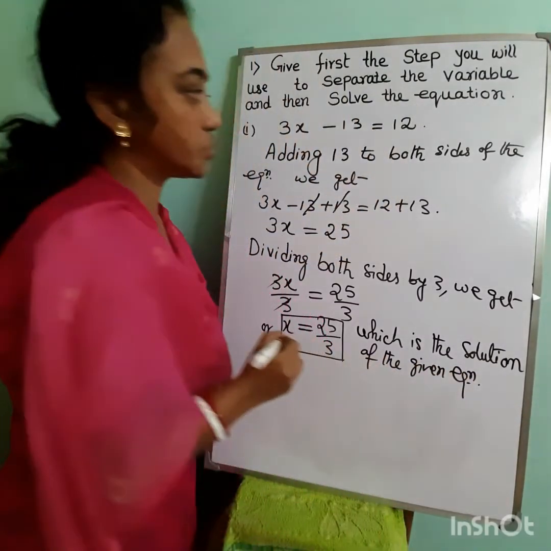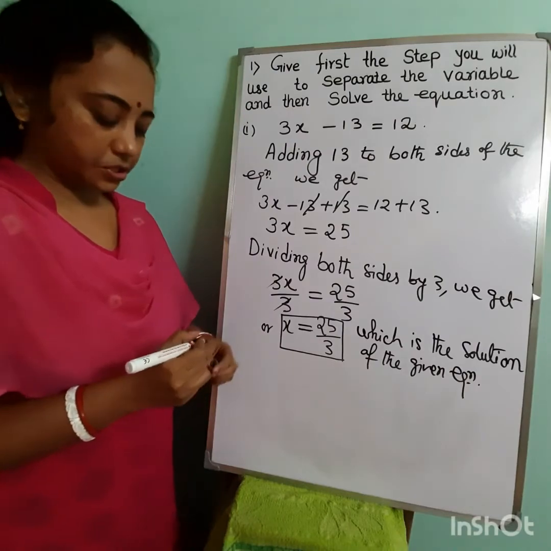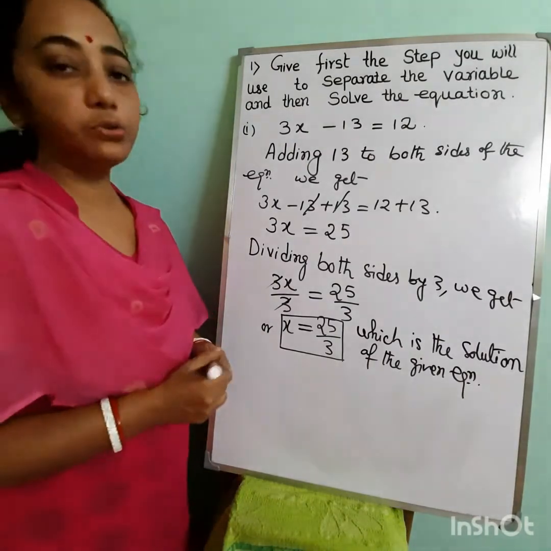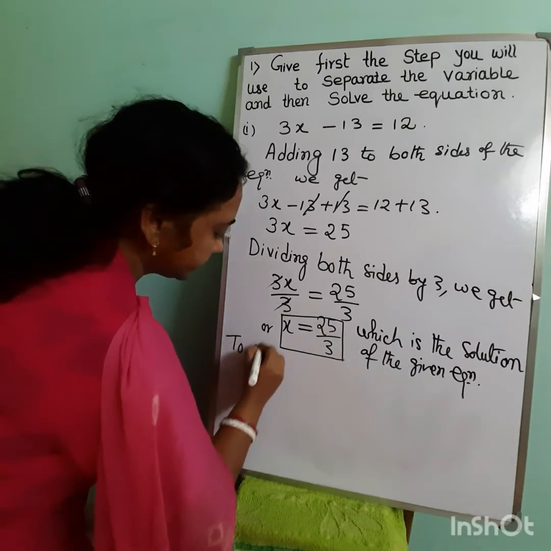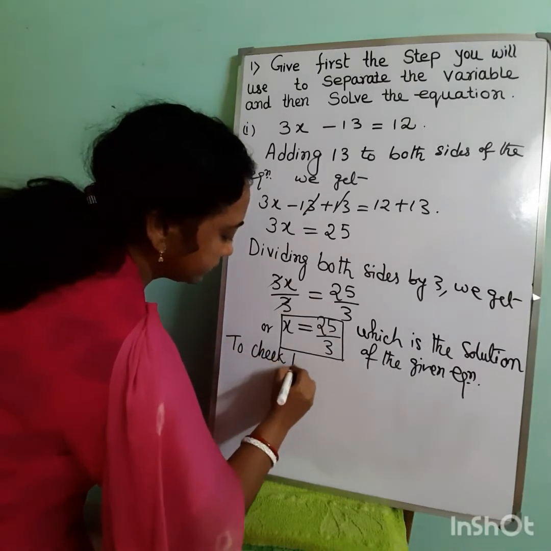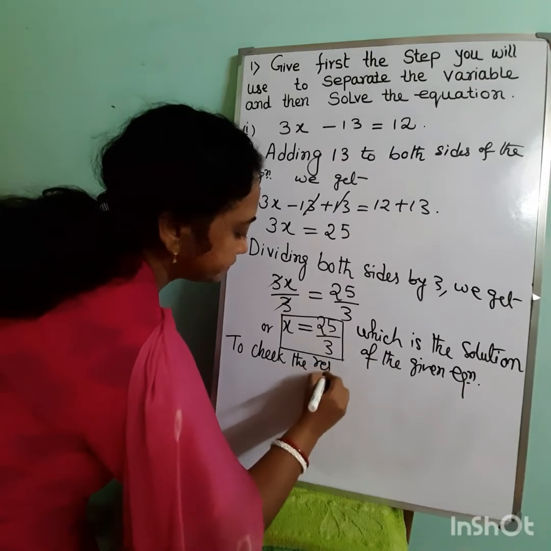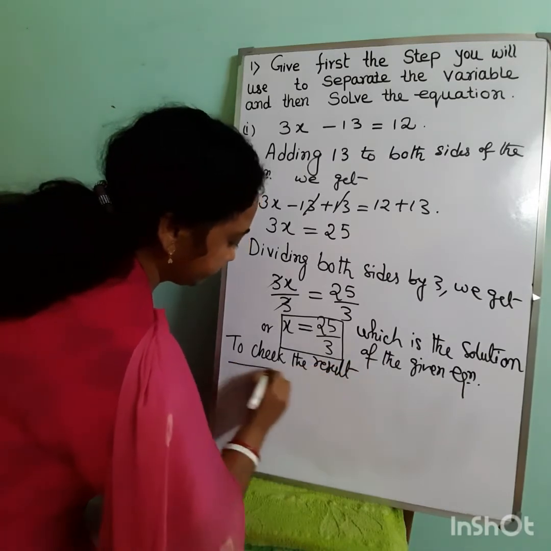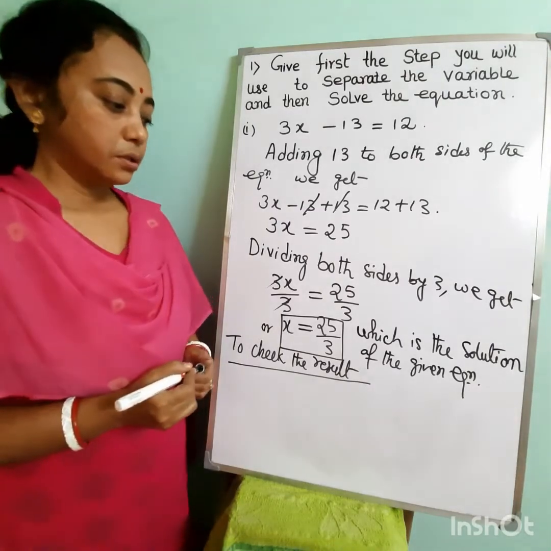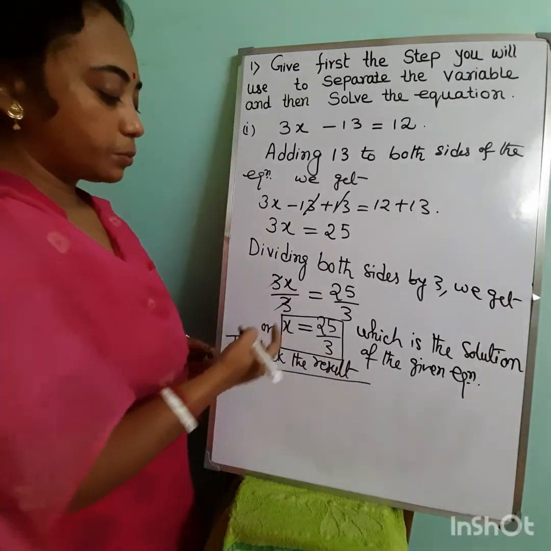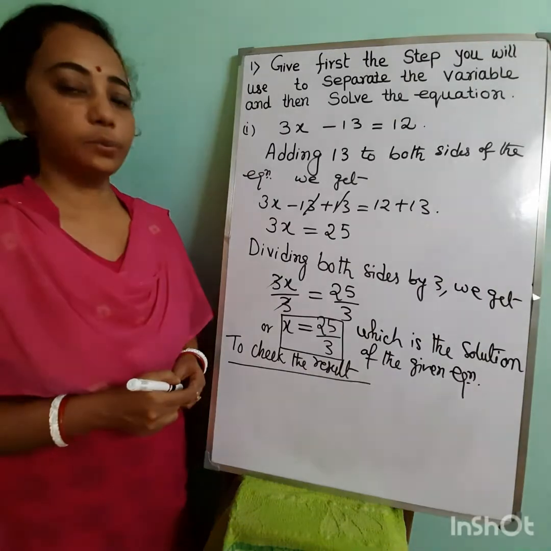Now let us check. Here it is not mentioned to check the solution, but better you check the solution. So to check the result, we will put the value of the variable x on both sides of the given equation.